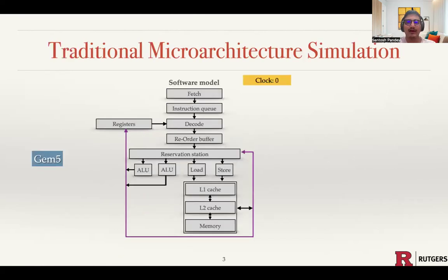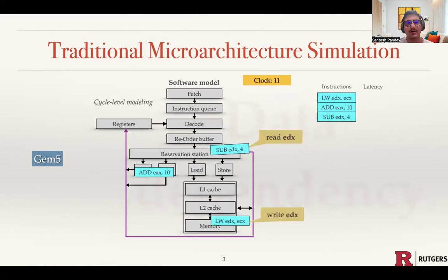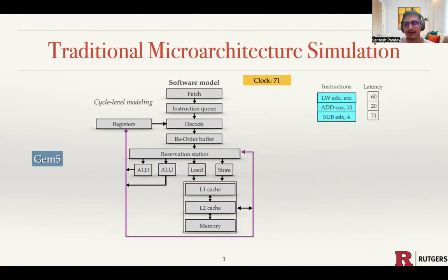Starting with traditional microarchitecture simulation, we have the example of GEM5. GEM5 is one of the state-of-the-art cycle-level simulators. For simulation, we do cycle-level modeling, which means we simulate each cycle of the processor pipeline, and within that simulation it figures out the dependency between instructions and continues cycle-level modeling to give us the latency of the instruction or other performance metrics.